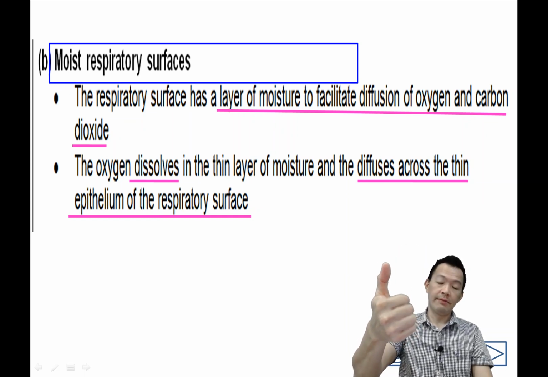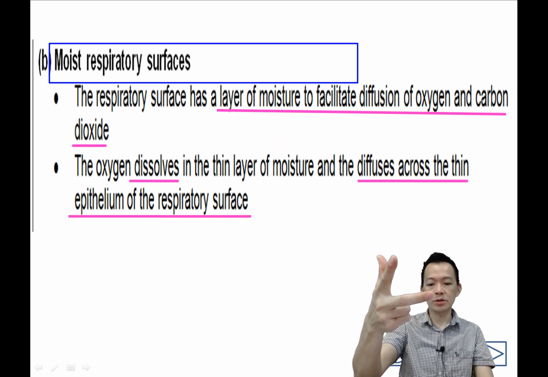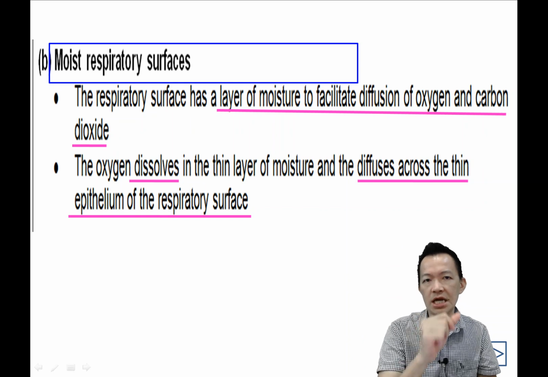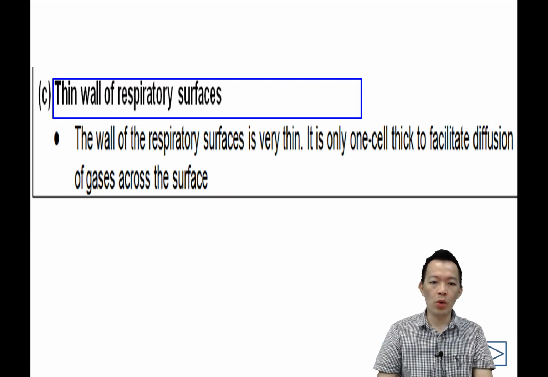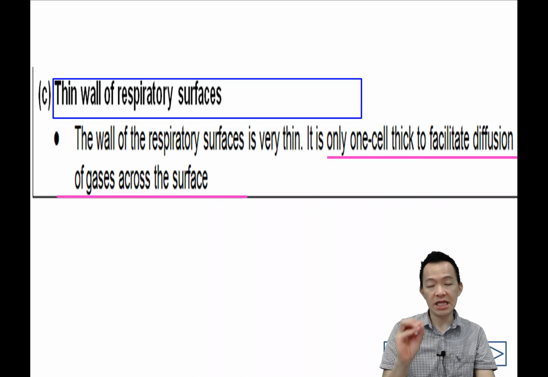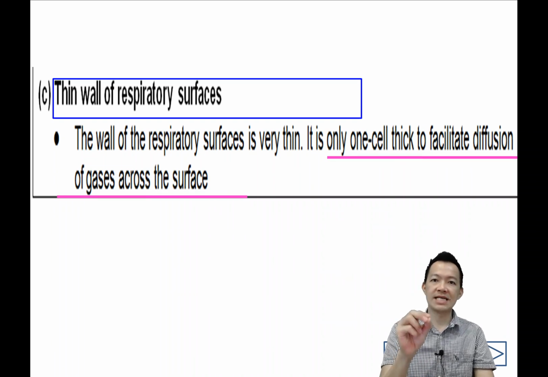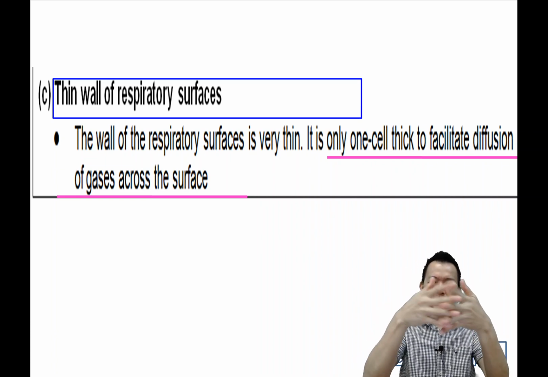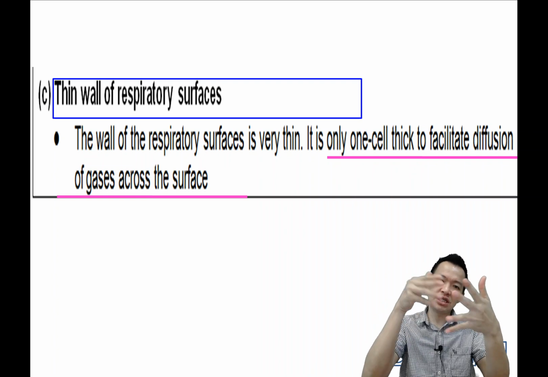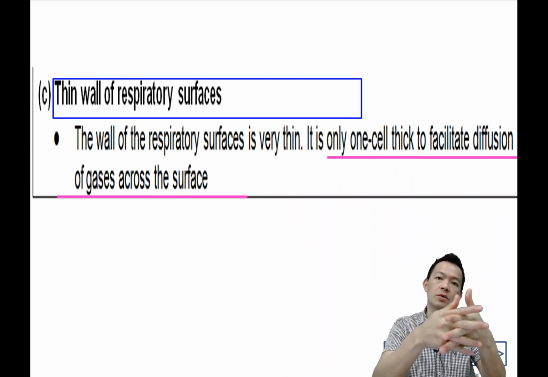OK, beside this, anything in common? 还有什么共同点呢？Beside the large total surface area 解释啊, beside the moist respiratory surfaces 解释啊, we also have a thin surface for the gas to diffuse, 薄的表面. So thin wall of respiratory surfaces, 很薄的墙壁, so the walls of the respiratory surfaces are thin, 很薄, normally only one cell thick, 一层的细胞那么厚罢了, to facilitate the diffusion of gases, 给我们的空气呢更容易的渗透过去了.